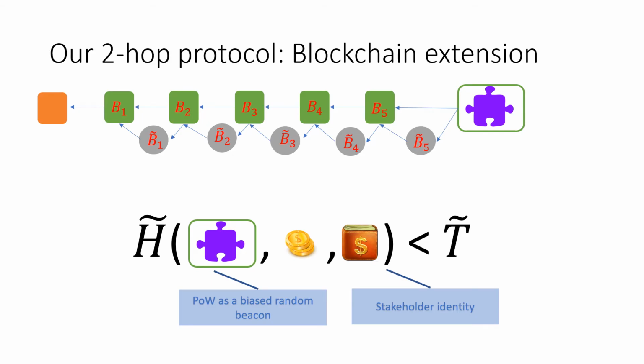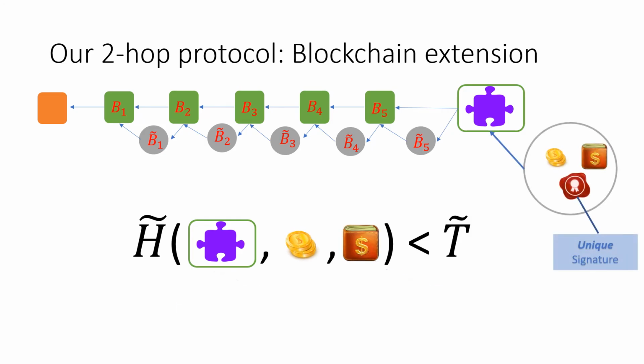This stakeholder identity can be implemented by the stakeholder's signature verification key. Once a proof of stakeholder is selected, he will create a new block including the transaction, his identity, and sign it with his unique signature. This unique signature can be implemented by a digital unique signature scheme.